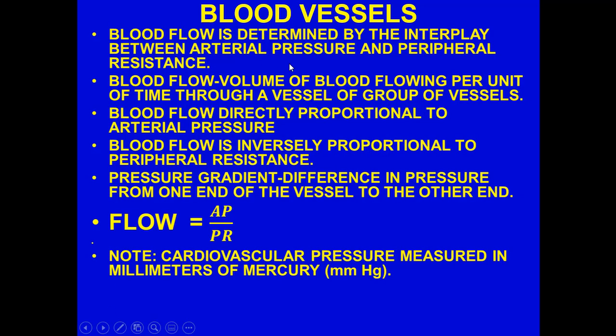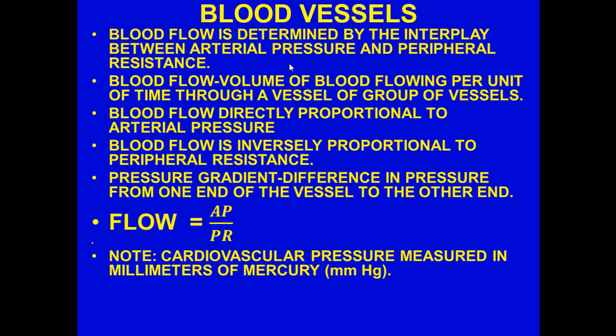Okay, so let me just go over this with a little bit of, yeah, it almost looks like math. Don't panic. Blood flow is determined by the interplay between arterial pressure and peripheral resistance. Blood flow is the volume of blood flowing per unit of time through a vessel or a group of vessels.